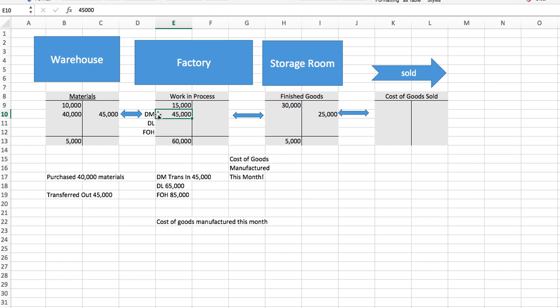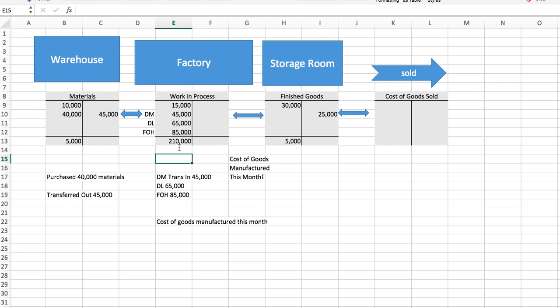You've added direct material. And then we're going to be given that direct labor is $65,000. Factory overhead is also given of $85,000. These are all the costs that are going into the factory at this time, which would make the total cost of the work in process $210,000.